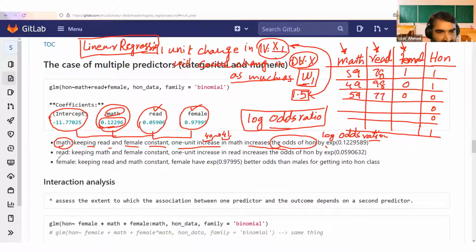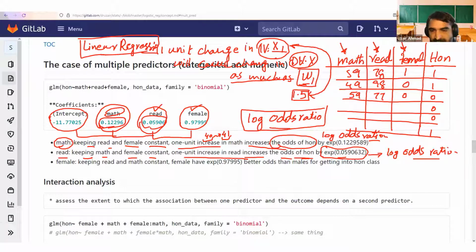In case of read, let's practice keeping math and female constant. 1 unit increase in read score increases the odds of being in honors class by as much as the coefficient of the read exponentiated. If we don't exponentiate it, then it is log of odds ratio.